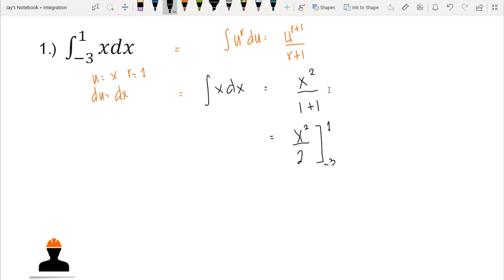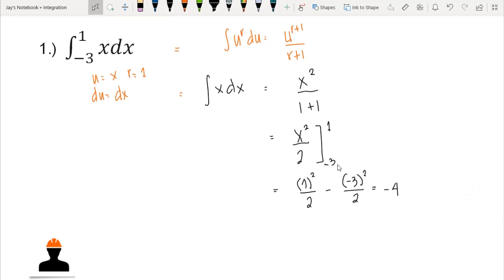Our lower limit is -3, and the upper limit is 1. Then we substitute first the upper limit, that is 1 squared over 2, minus we substitute the lower limit to our function, that is -3 squared over 2, and that gives us the answer, negative 4.